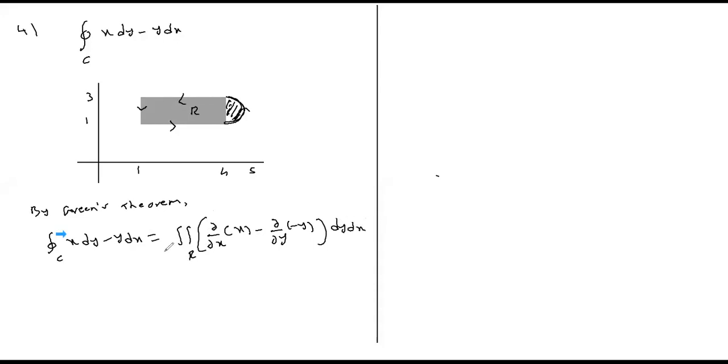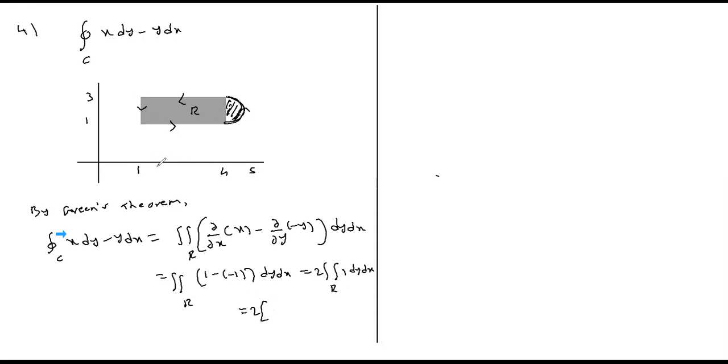So this is nothing but a double integral over R of 1 minus of minus 1 dy dx, and this is nothing but 2 times double integral 1 dy dx, and we know double integral 1 gives area. So what is the area? This is the sum of two areas. One is rectangular area, the other one is a semicircle area. Rectangular area is length into width.